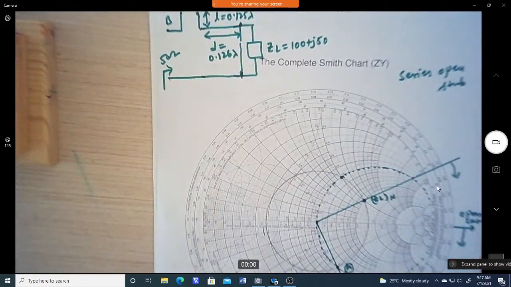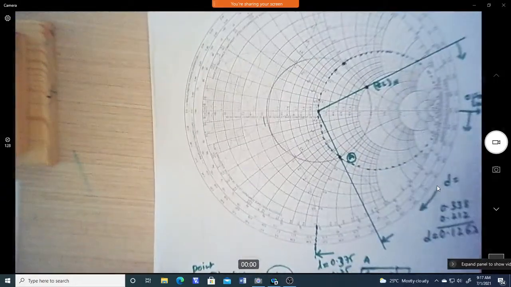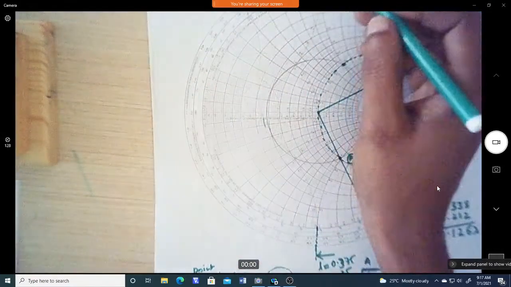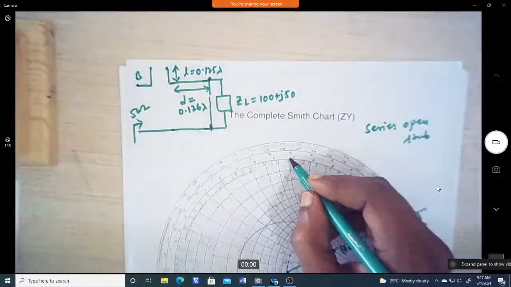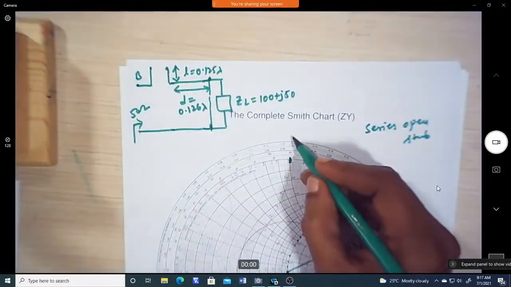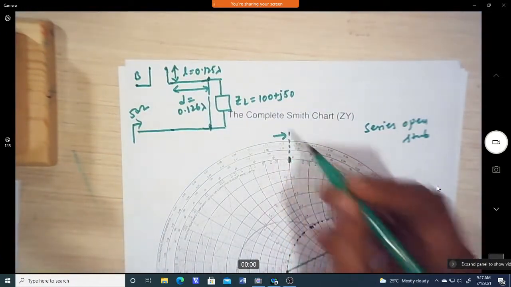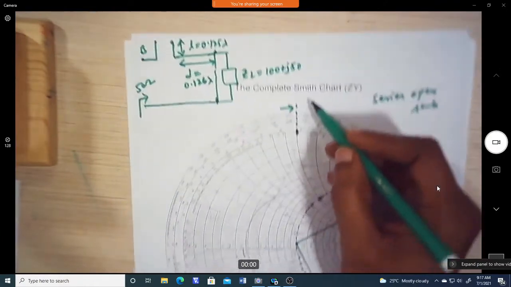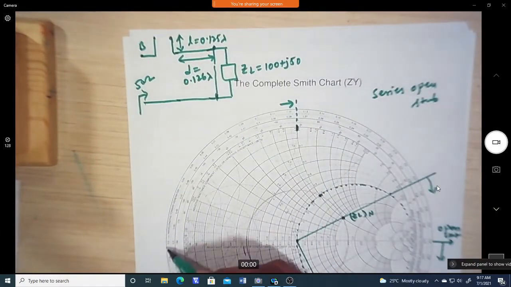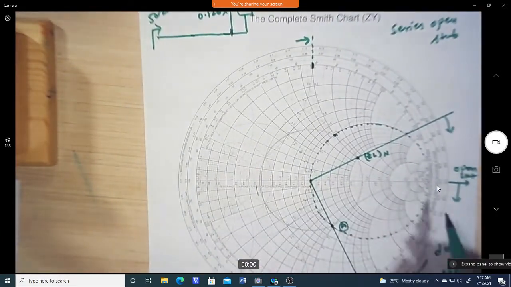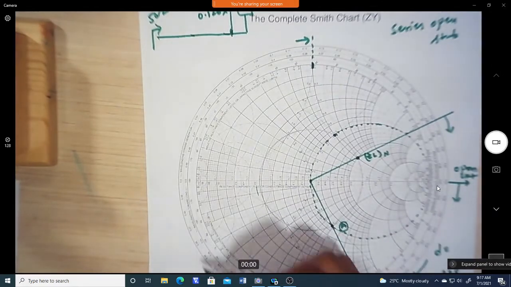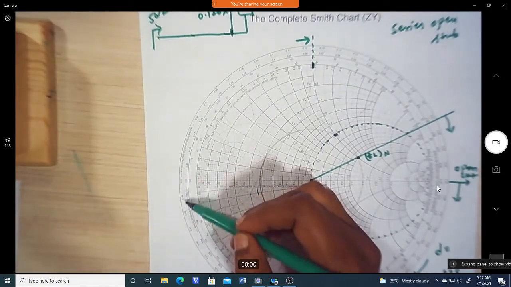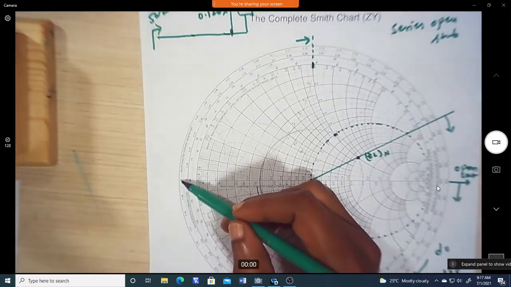Plus J1 means again we have to move from here till the value where plus J1 is. This is the plus J1. This is the length you need to add from this point to this point. From here to here it is 0.25, and it is reaching around 0.49, again 0.5 it will become, or you can make it as 0.